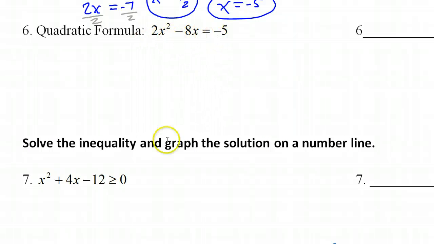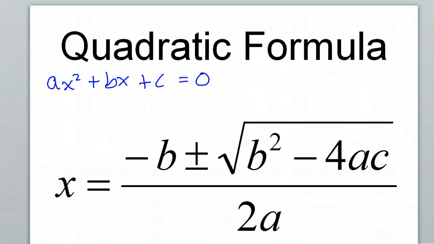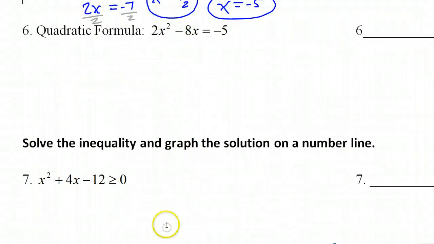Now, this is not quite in standard form. Alright, for standard form, we need everything on the left except for equals 0 on the right. So basically, this negative 5 needs to get to the left. So we're going to accomplish that by adding 5 to both sides.